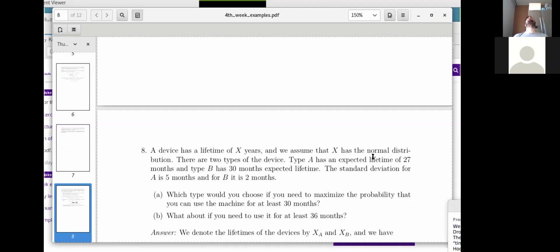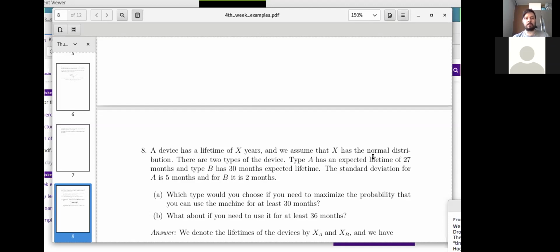You know that the probability that it lasts at least 27 months is exactly 1/2, because normal distributions are symmetric. So it's a 50-50 chance of getting past 27 months. So whatever the probability of getting past 30 months is, it's going to be strictly less than 0.5.